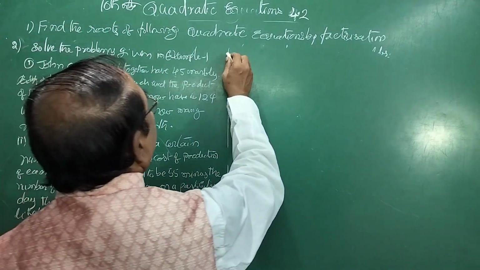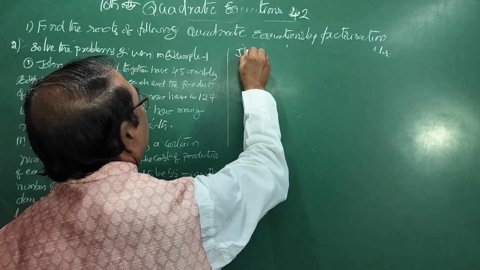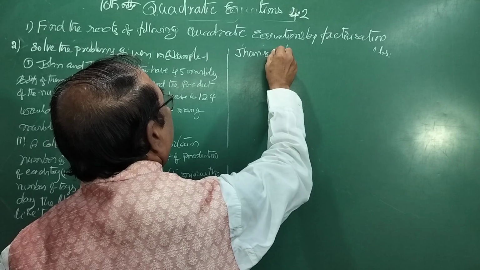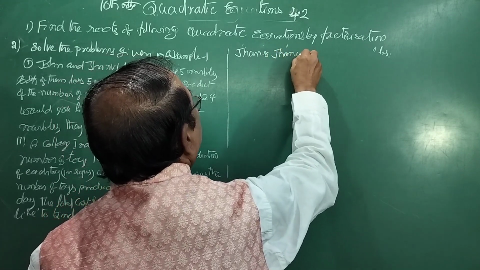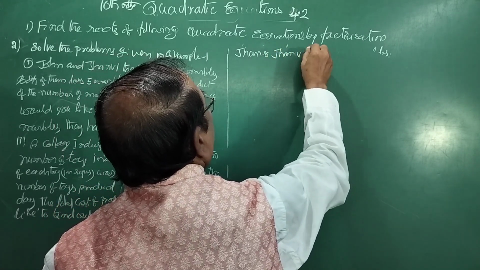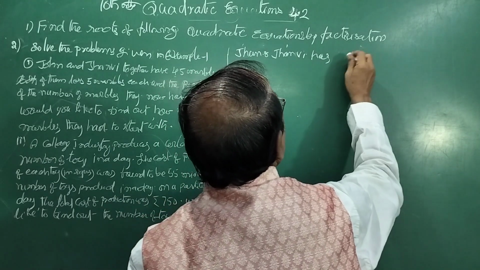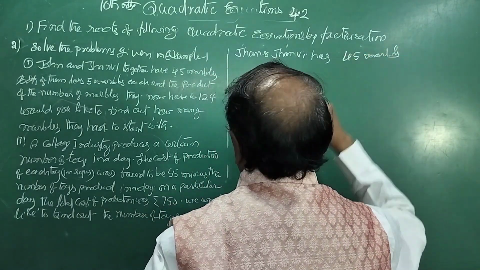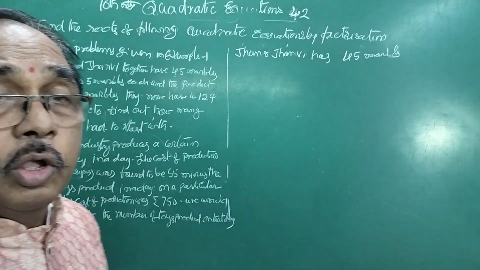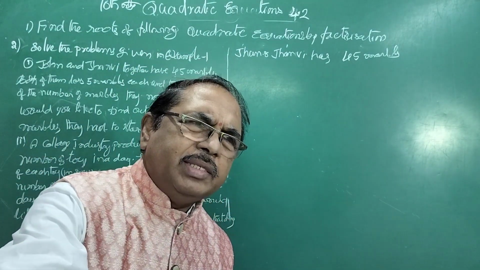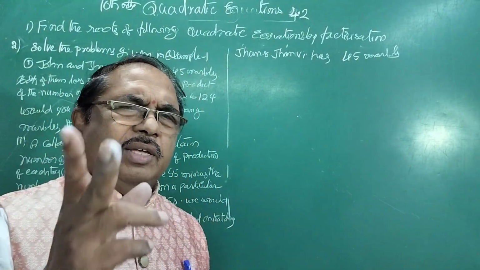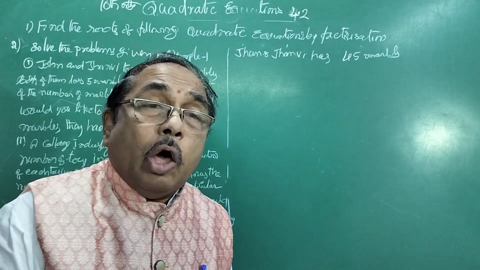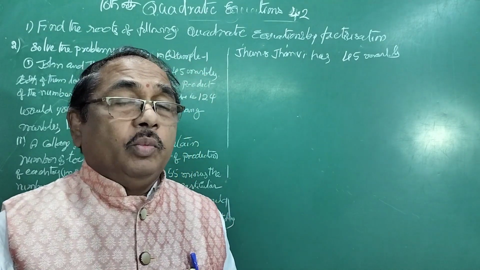John and Janvi have 45 marbles together. But how many John has, how many Janvi has, we do not know.